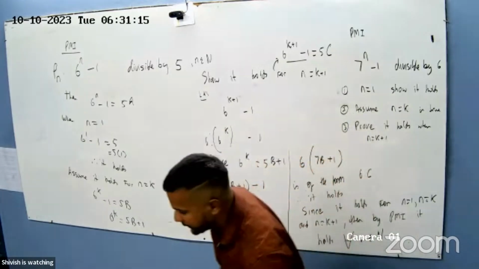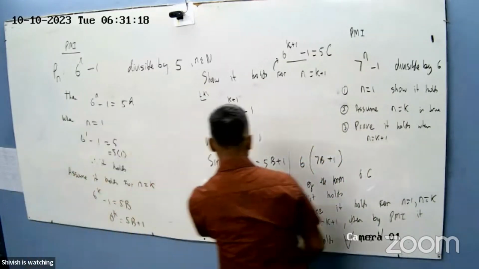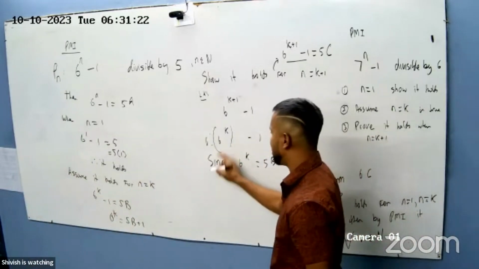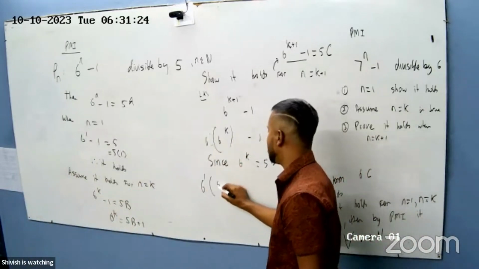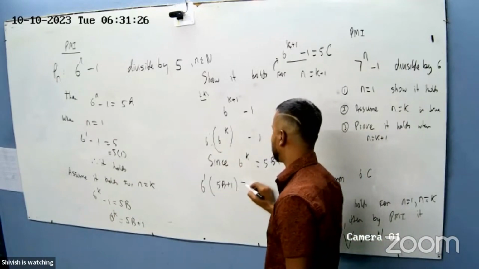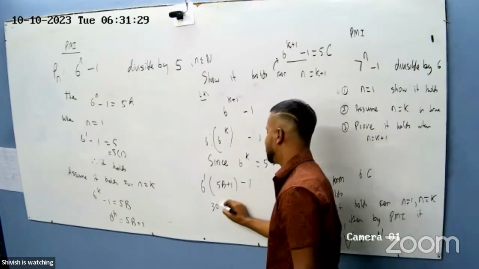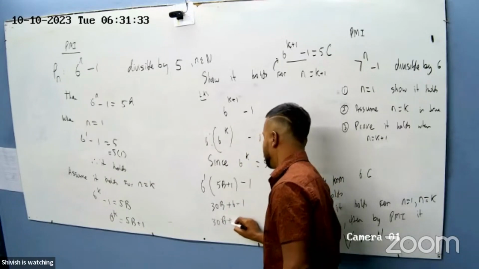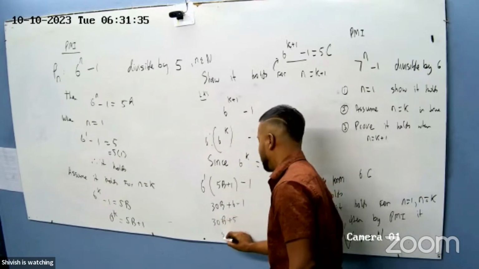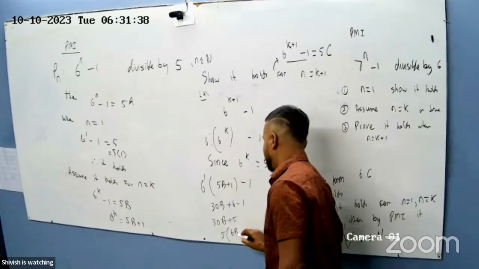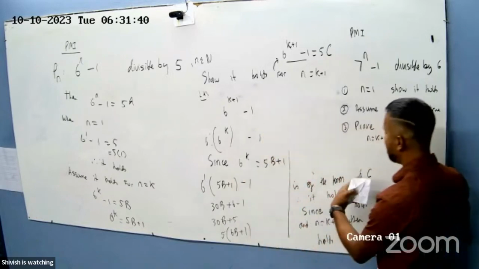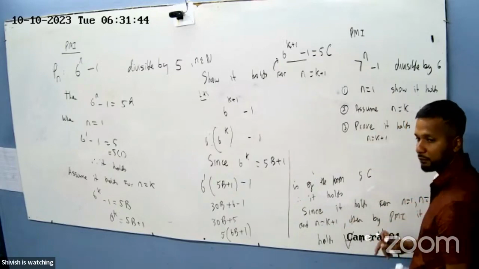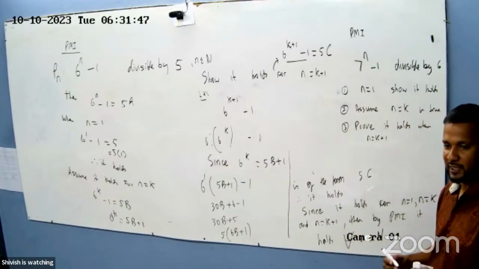I'm going to substitute here, and I'll get 6 to the 1 by 5b plus 1 minus 1. So this is 30b plus 6 minus 1, which is 30b plus 5. Factor out the 5, and you'll get 6b plus 1, which is of the form 5c. And then you have to write this last line. Of course, we'll make it more challenging next day.